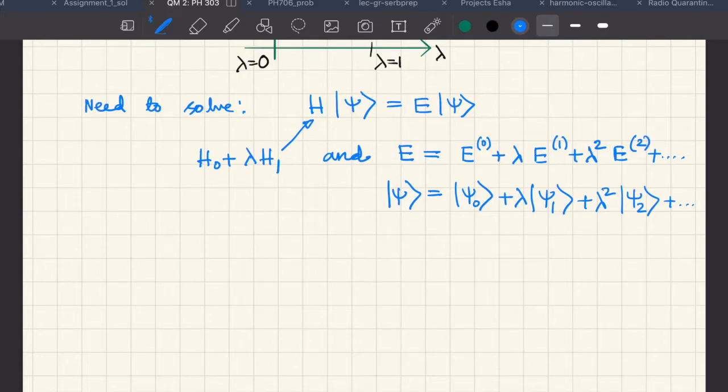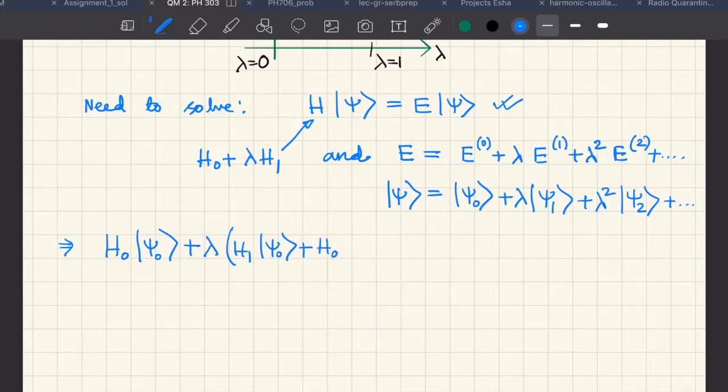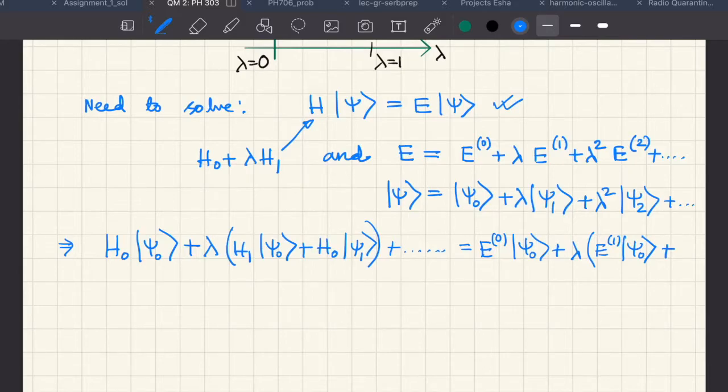You need to substitute these two expansions back into this equation H psi equal to E psi, and what you are finally going to get is that H naught ket psi naught plus lambda times H1 ket psi naught plus H naught ket psi 1, plus higher order terms in lambda, is equal to E naught ket psi naught plus lambda times first order correction to energy times the unperturbed state ket plus E naught, the unperturbed energy, times the first order correction to the state ket.